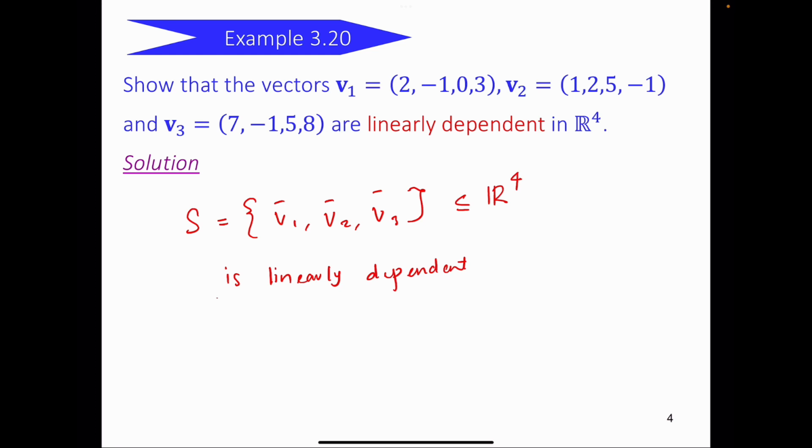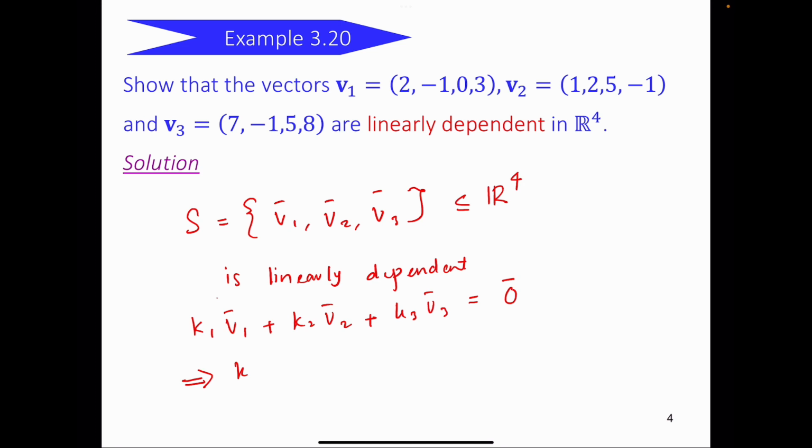Recall that to show that S is linearly dependent, if we write K1 V1 plus K2 V2 plus K3 V3 equal to the zero vector in R4, then K1, K2, K3 is not necessarily the trivial solution.